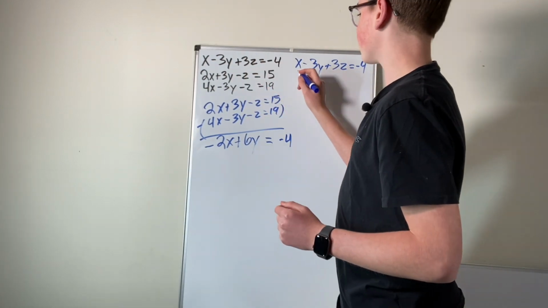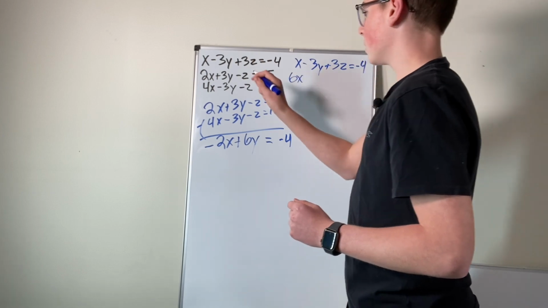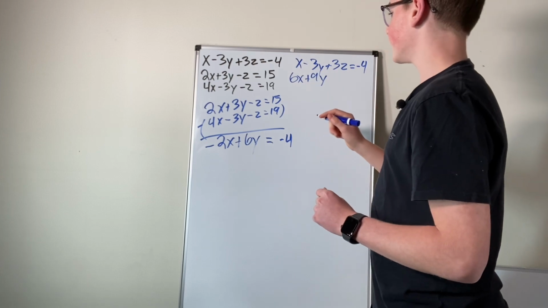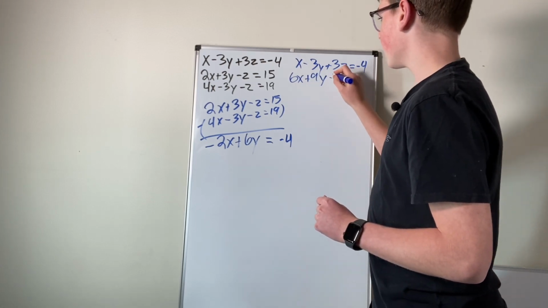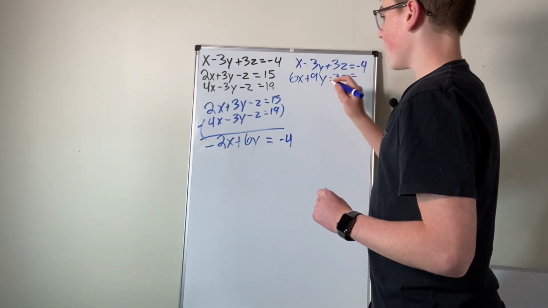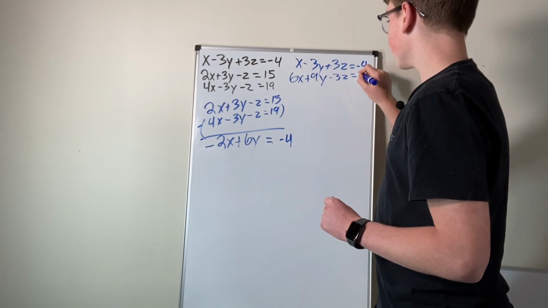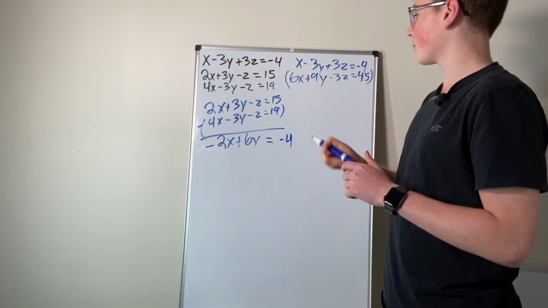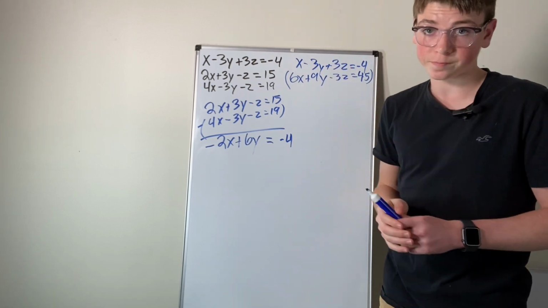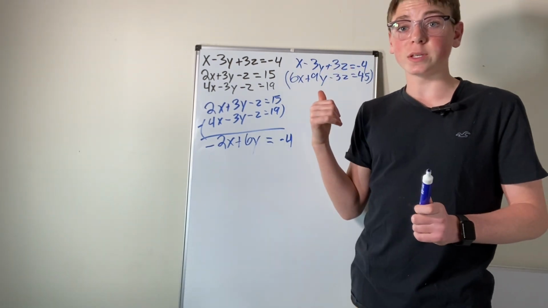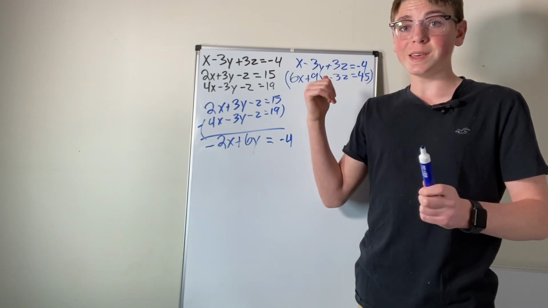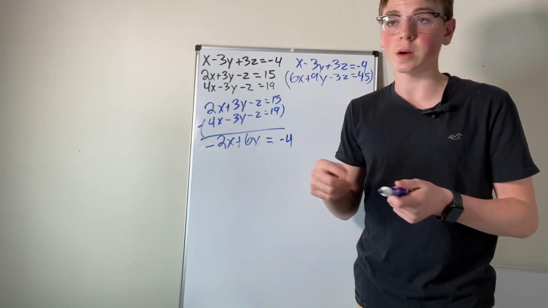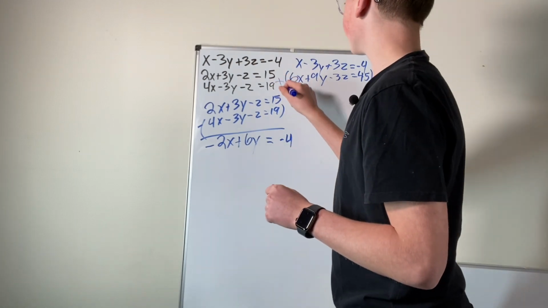So 2x times 3 is 6x. 3y times 3 is 9y. Minus z times 3 is minus 3z. And 15 times 3 is 45. Now, I have 3z and minus 3z. I'm going to add these equations because 3z minus 3z is 0. So that would cancel.